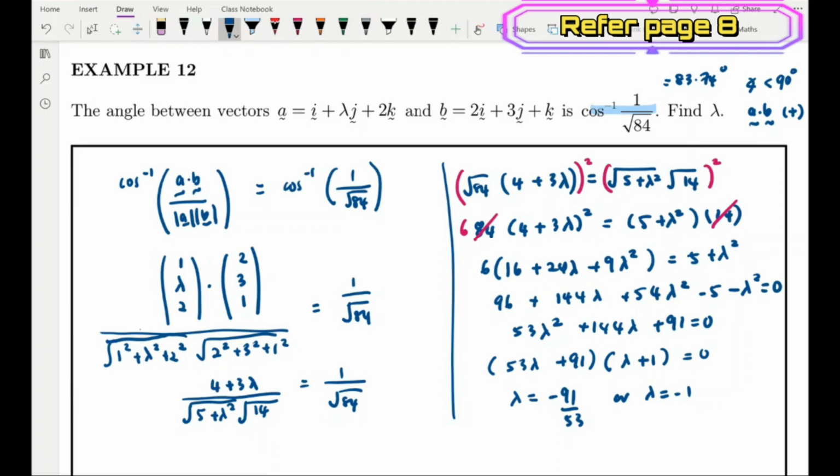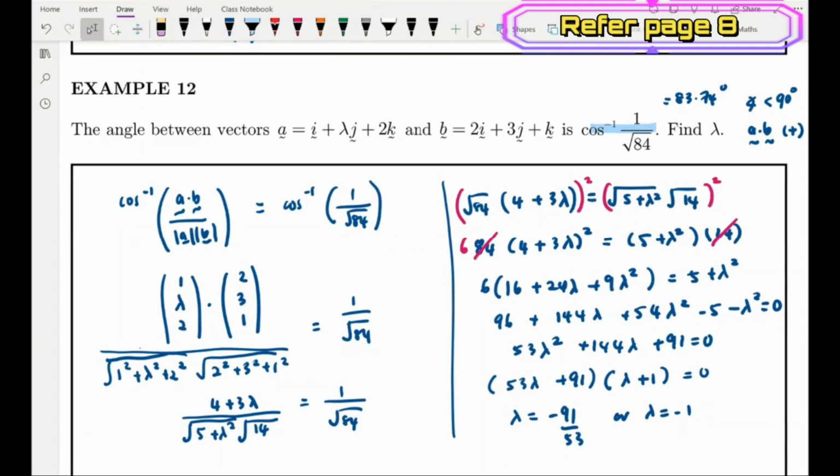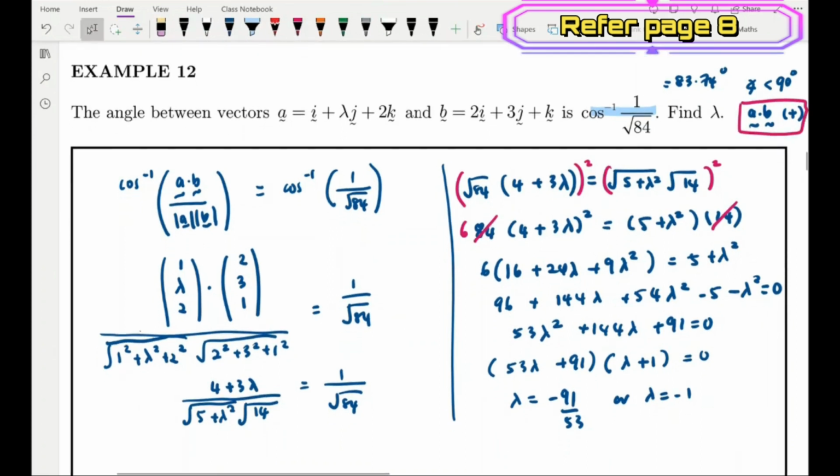Okay, which one is the final answer? Or are both the final answer? So we check back, where A dot B must be positive. So we just calculate by using the calculator. We substitute lambda is negative 91 over 53 or lambda is equal to negative 1.